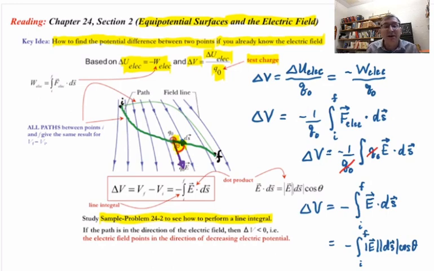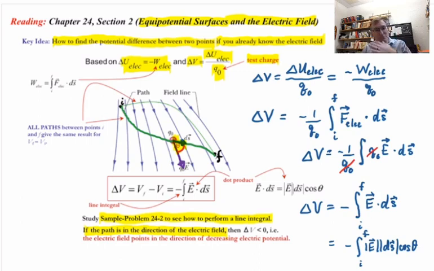Because of that minus sign in that formula connecting delta V and this line integral of the electric field, it basically means this. If the path that you're taking from I to F is more or less downstream in the direction of the electric field, it flows, if you like, with the electric field.